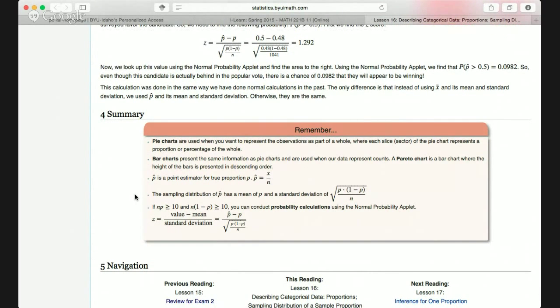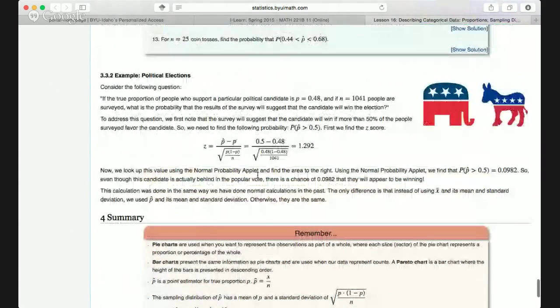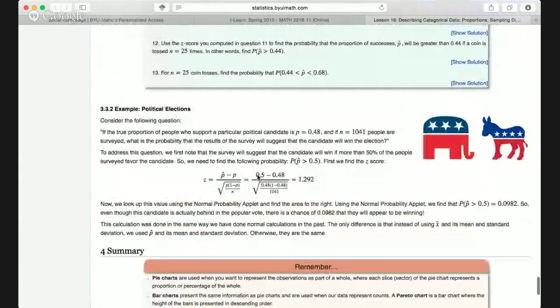So if we find P hat, have we basically found P? Could we say that? Because there's an equation here that uses P hat, where P hat equals X divided by N. So is the X 1/4 for this? Wait, P equals 1/4. Oh, okay.